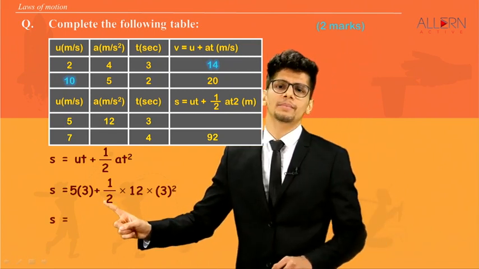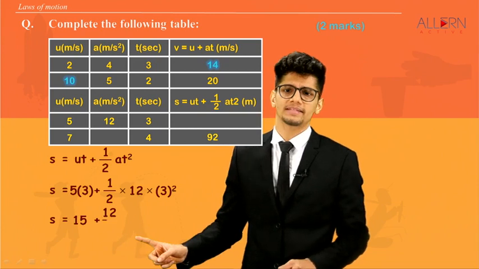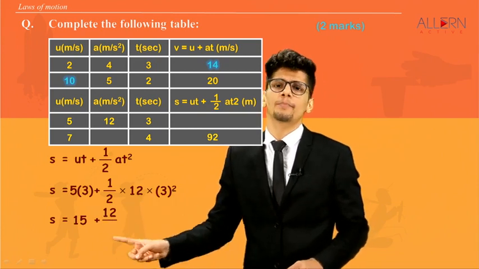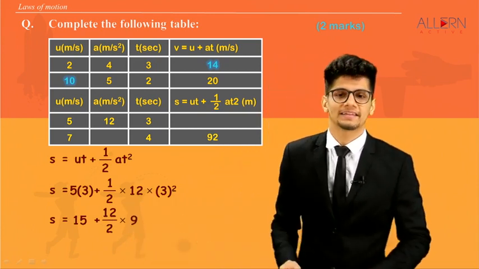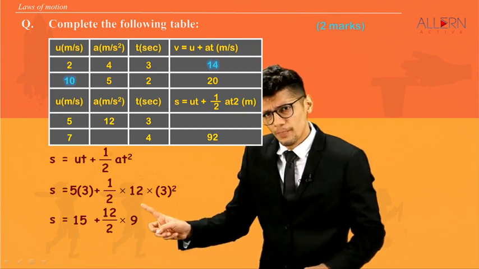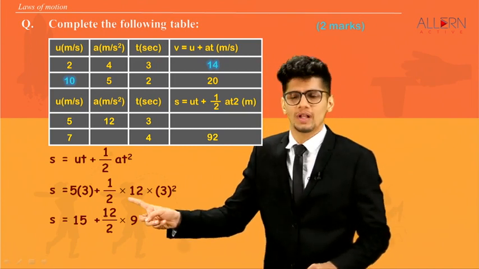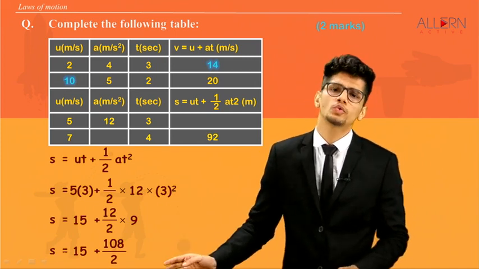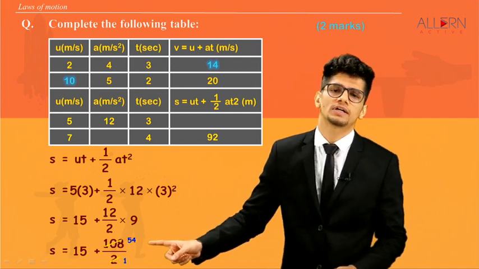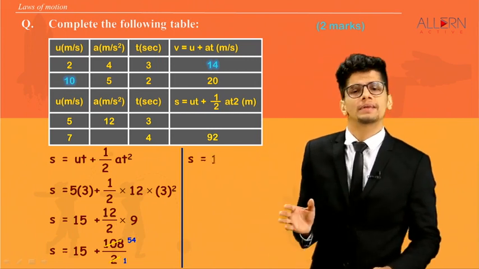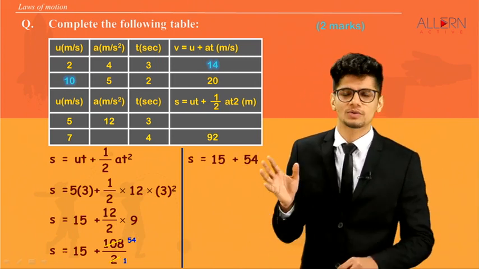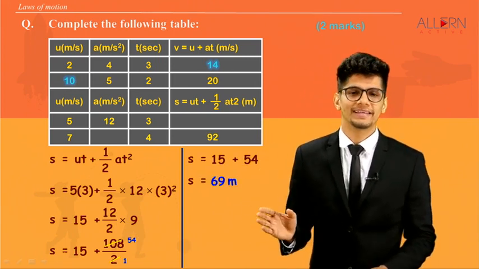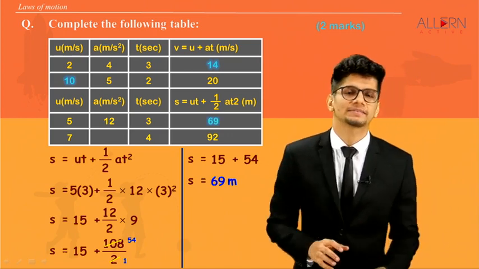So 5 3s are 15. Half remains half, but 12 into 1 becomes 12 upon 2. 3 square is 9. Now 12 upon 2 into 9. 9 12s are 108. So we have 15 plus 108 upon 2. 2 1s are 2, 2 54s are 108. 54 plus 15 will be equal to 69. So the answer is 69 meters. So we fill it as 69.